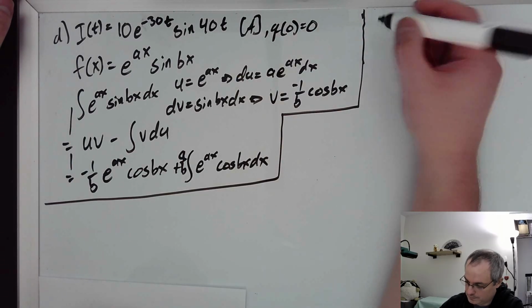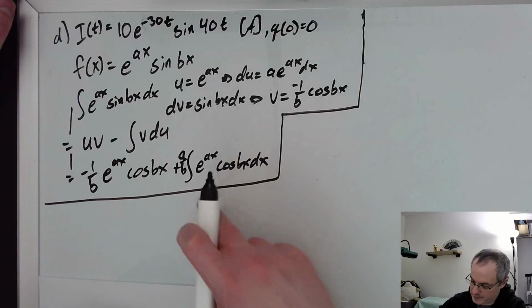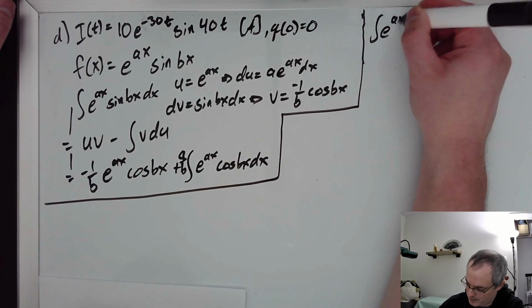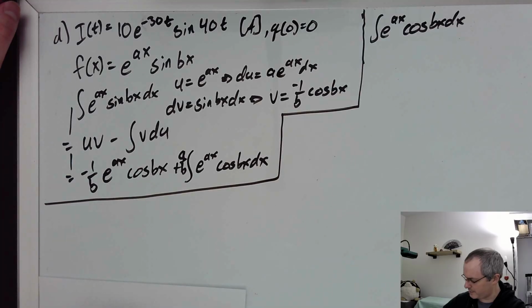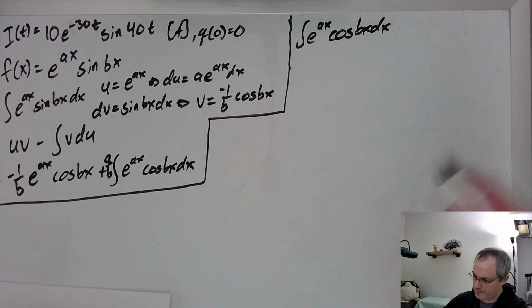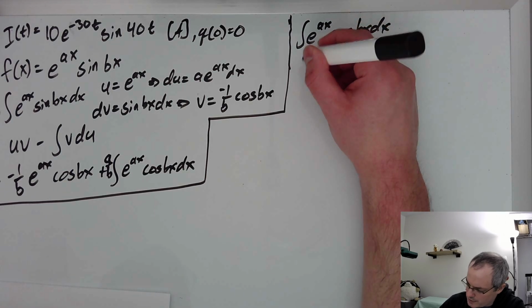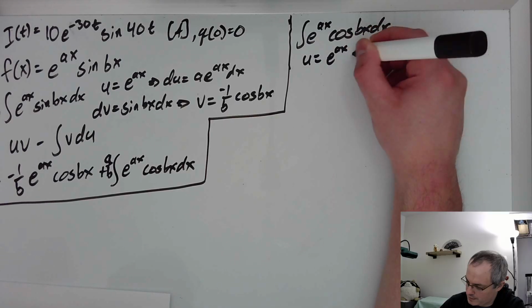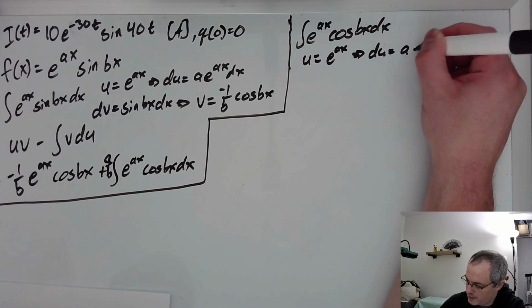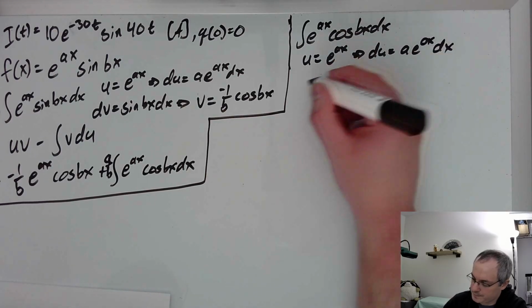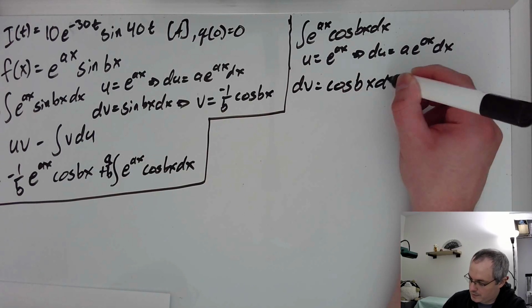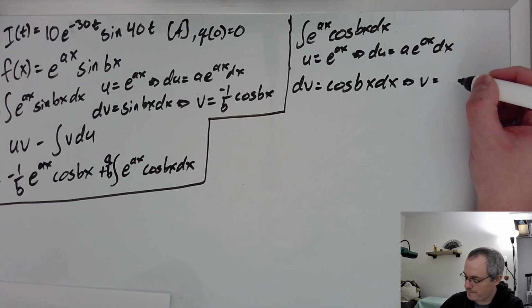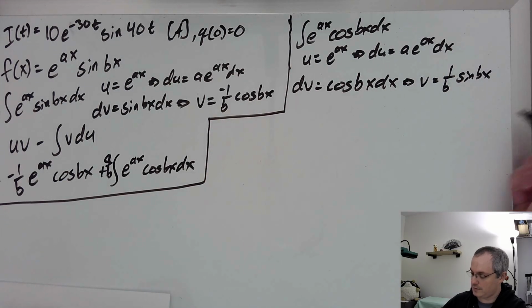Anyway, doing this integral now. The integral of e^(ax) cos bx, I'm going to write it over here so we can keep track when we get to the point of subbing it all back in. So u will be e^(ax), du is a e^(ax) dx, dv is cosine bx dx, v will be 1 over b sine bx.